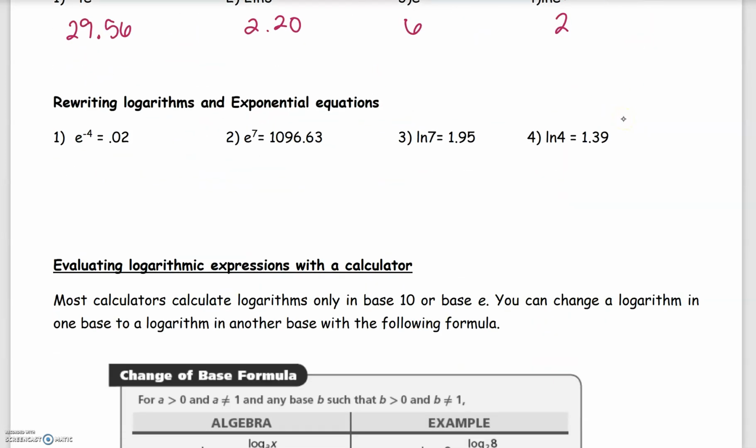If we were to rewrite this, remember it's log base e of 0.02 equals -4, because it always equals our exponent. We don't write log base e, we just write ln. So ln of 0.02 is equal to -4.